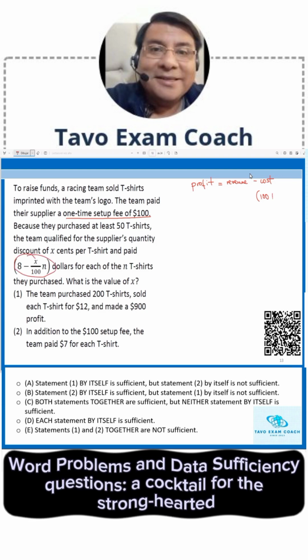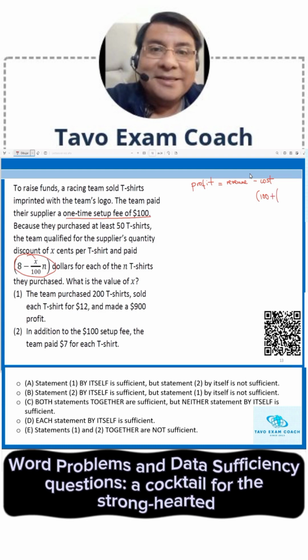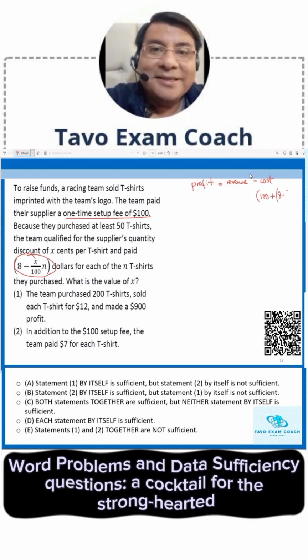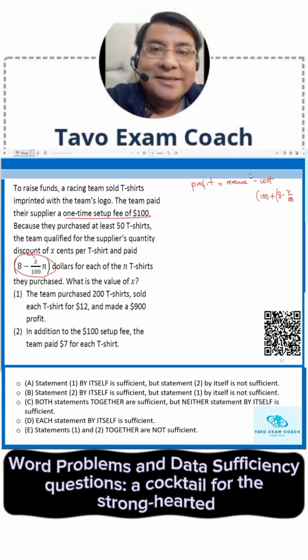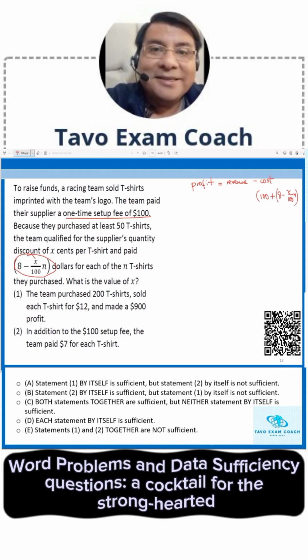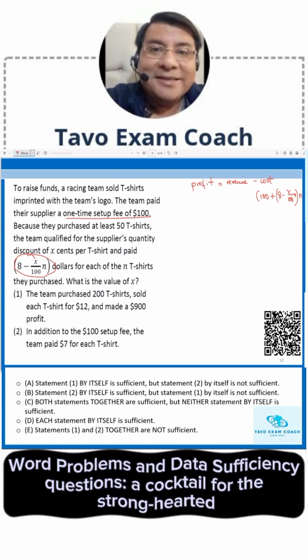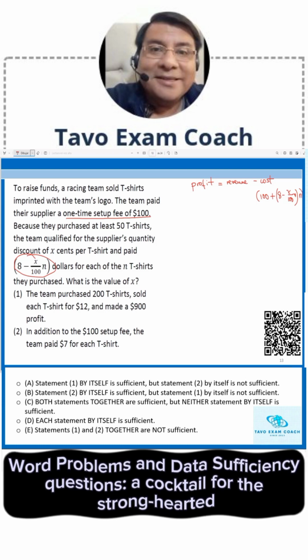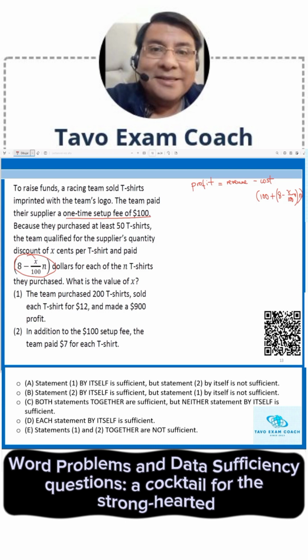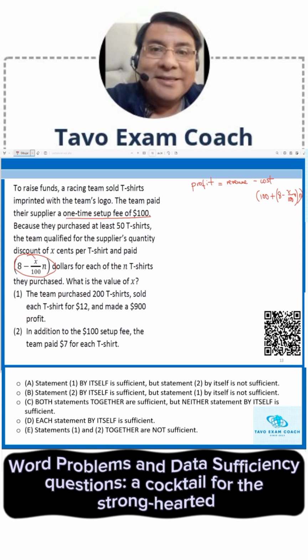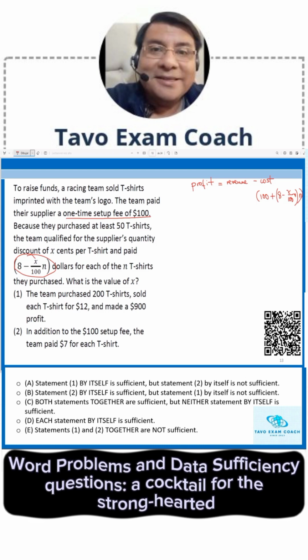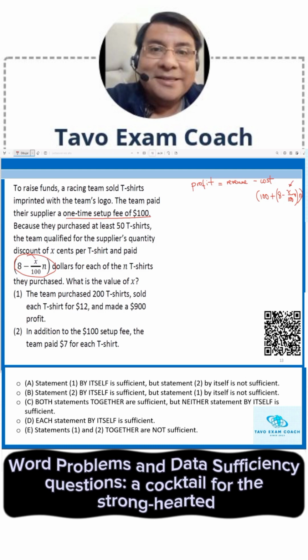So plus that expression, (8 minus X) over 100, multiplied by N, which is the total number of t-shirts purchased. The revenue, and the profit. So we want to find this value here, X.